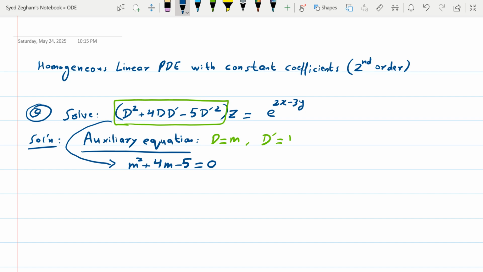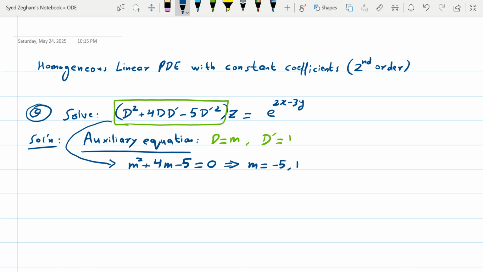So I have a quadratic equation. I will solve for m. Simple factorization will give you two values of m, that will be minus 5 and 1. Okay.